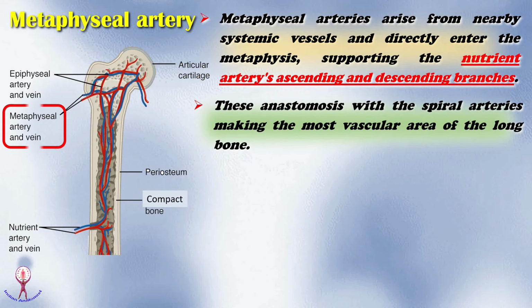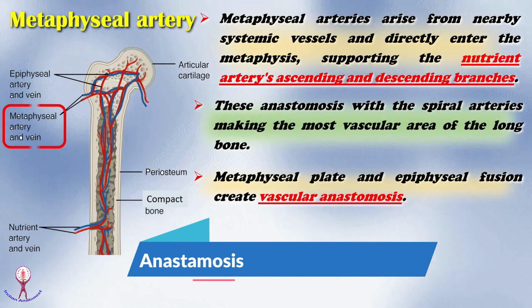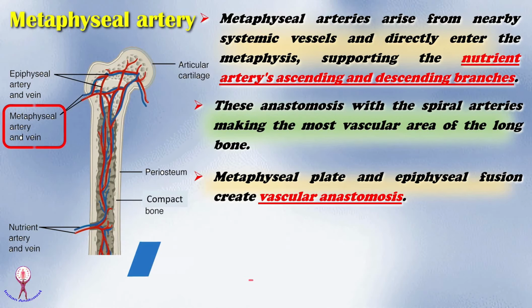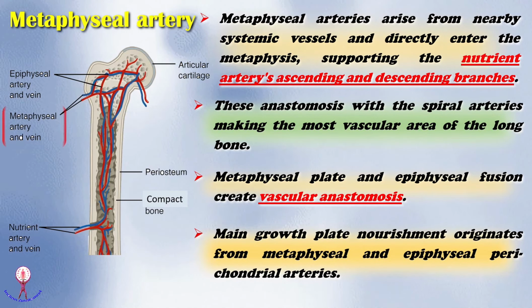Metaphyseal plate and epiphyseal fusion creates the vascular anastomosis. This is very important in adult long bones, because this vascular anastomosis prevents osteomyelitis. The epiphyseal growth plate nourishment originates from metaphyseal and epiphyseal perichondrial arteries.